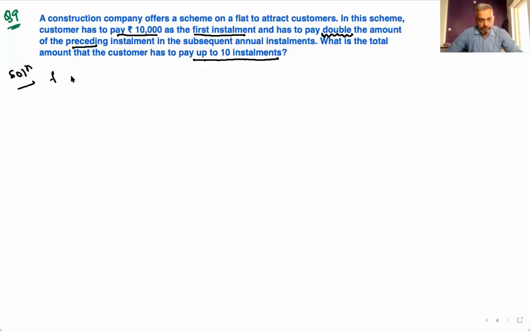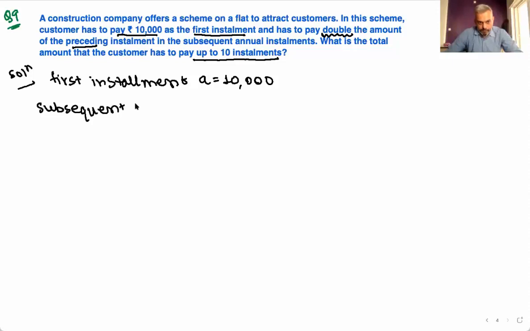First installment, A is equal to 10,000. Subsequent installments are double. Therefore, R is equal to 2.